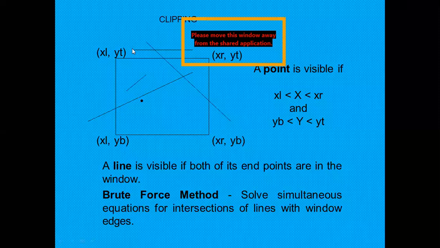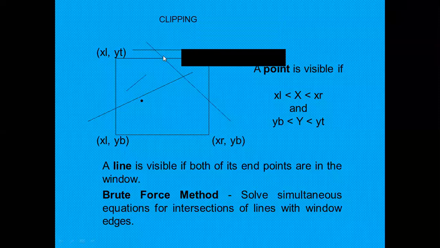This is the invisible portion, we cannot see it. The visible portion is only the remaining part, PQ. If we write PQ here, then PQ is the portion which is lying inside the window. In this manner, we can check which is the visible portion.